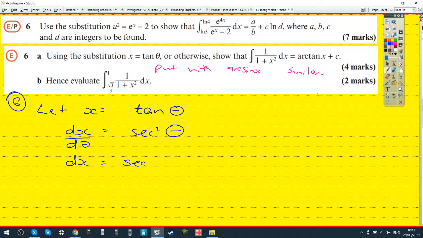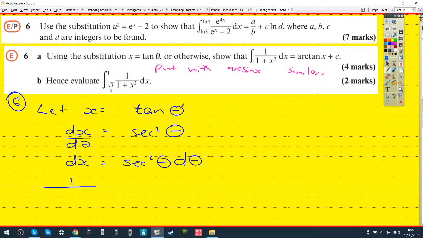Yeah. And so now, with our equation, should we then be doing 1 over 1 plus tan theta squared times sec squared theta? Let's see.